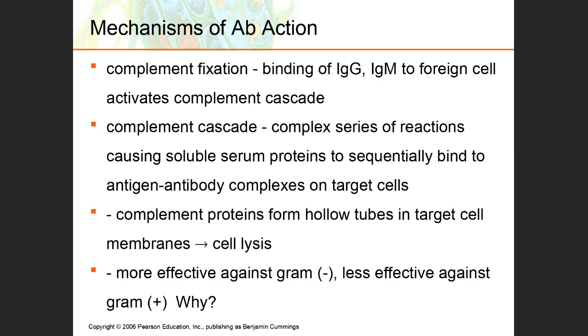When it comes to the cell wall, remember that the gram-positive bacteria have a very thick layer of peptidoglycan, so it's harder for the complement proteins to assemble and poke through those cells. But the gram-negatives, their cell walls are basically all membrane, right? There's very little peptidoglycan, so it's easier for the complement proteins to poke through the lipid membranes of gram-negative cells.